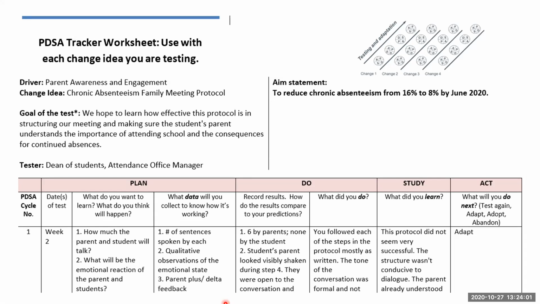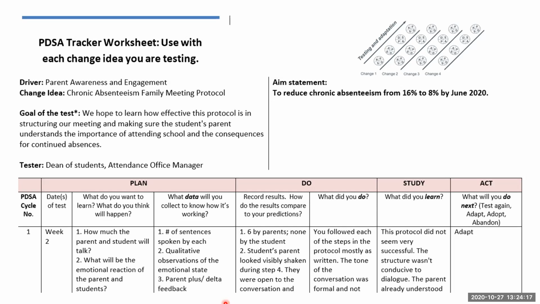And even parents saying 6 sentences over the course of the protocol might not be enough talking from them either. So the protocol you design might be too school driven and not enough family driven.